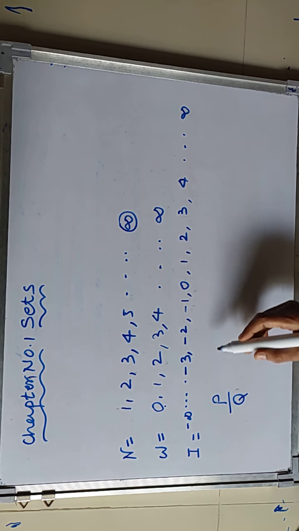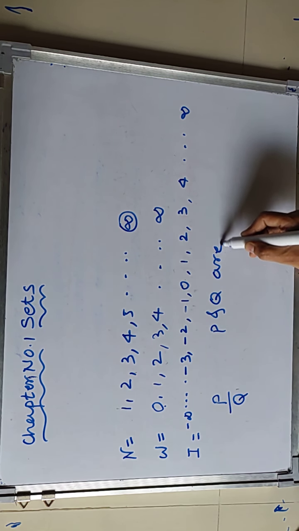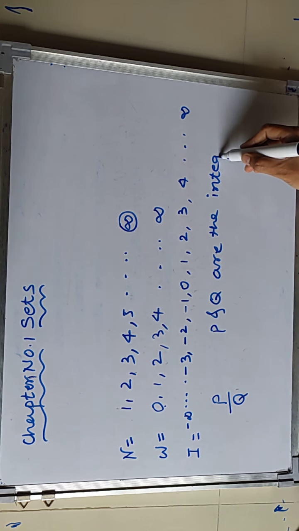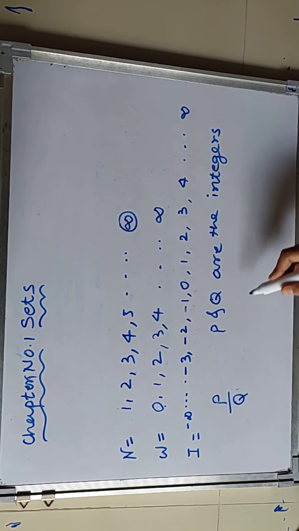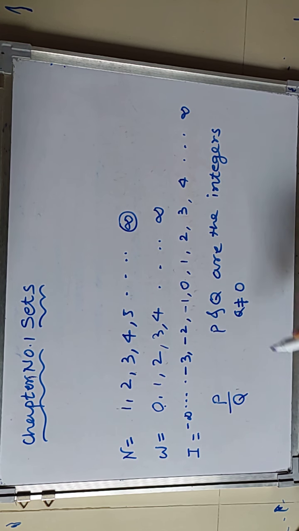Here strictly p and q are integers, and strictly q is not equal to 0, because q is the denominator.